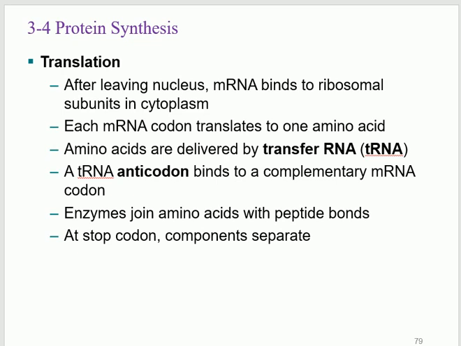Then I have to double check. Are you sure this is the one that I need? Yes, it is. No, I can't take it from you. I want you to fit yourself on the code to make sure that what you're bringing is correct. So let's say the code was on the messenger RNA, CGG. Show me your anti-code. Are you bringing the amino acid?